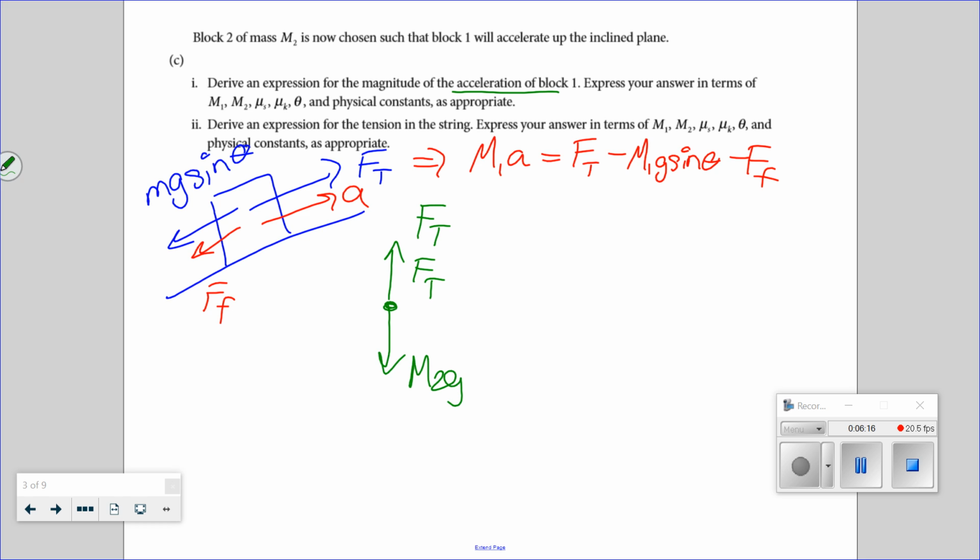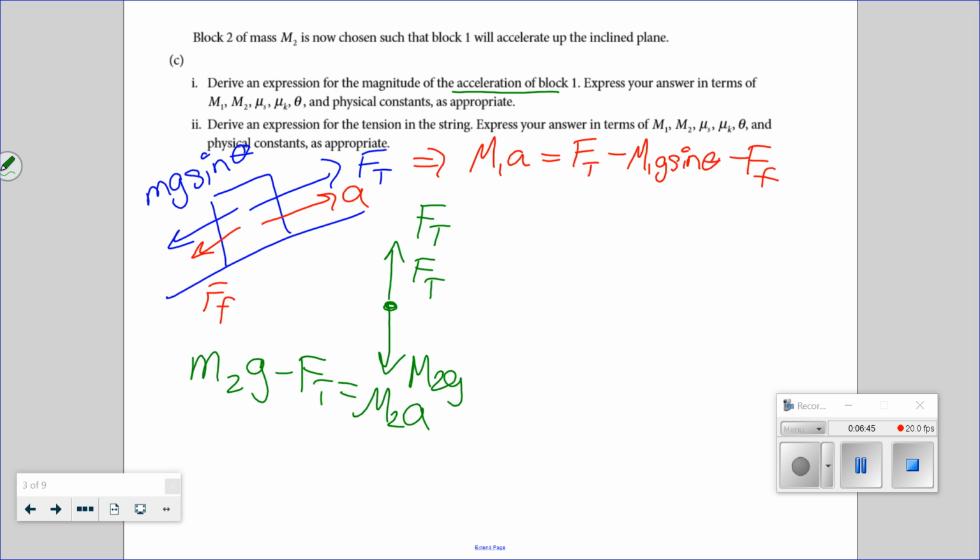Okay, so we would also say that m2g minus force of tension equals m2a, right? We're just acknowledging that they're connected by this force of tension, and I'm not calculating all external forces on one object.